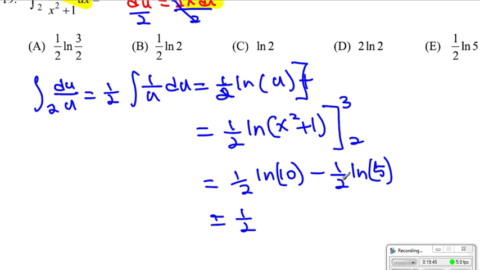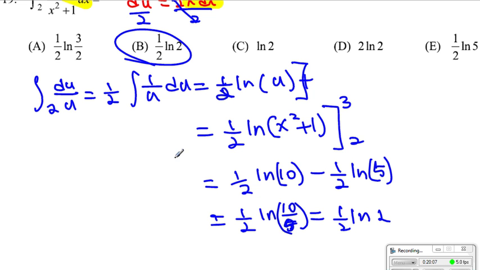Then ln of 10 minus ln of 5. And what we end up getting is ln of 10 over 5. Subtraction of logarithms is division of the numbers. So we end up getting 1/2 ln of 2. That's what we end up getting. Choice B. Alright, let us move on.